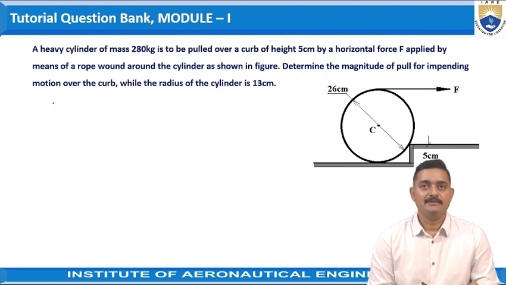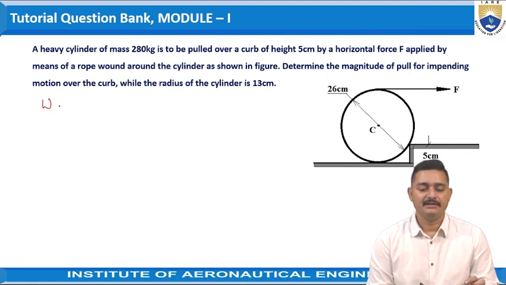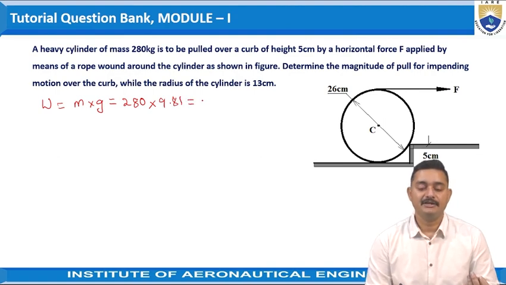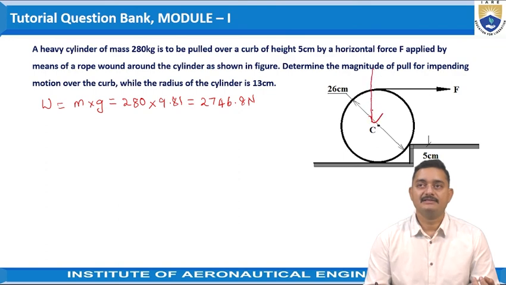First thing would be the weight of the cylinder, that would be mass into acceleration due to gravity, that can be written as 280 kg, that is given as mass, and 9.81 meter per second square as the acceleration due to gravity. Hence, the value would be 2746.8 newtons. So, the weight of this cylinder is 2746.8 newtons.